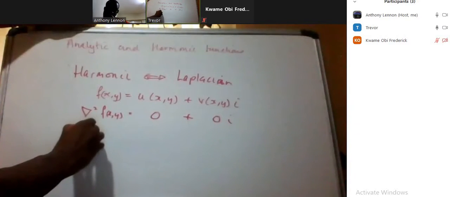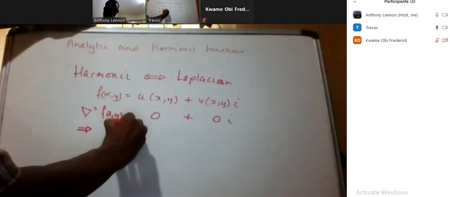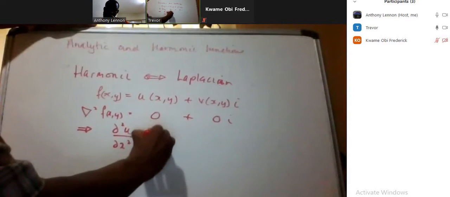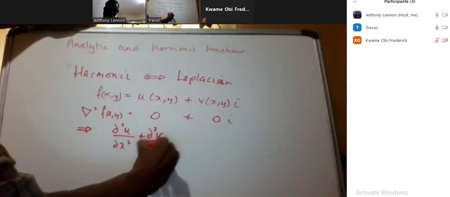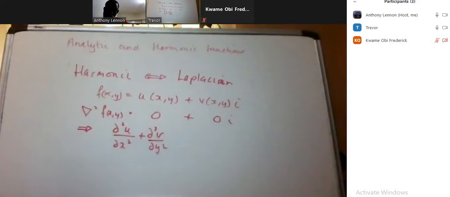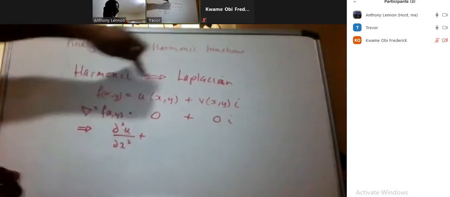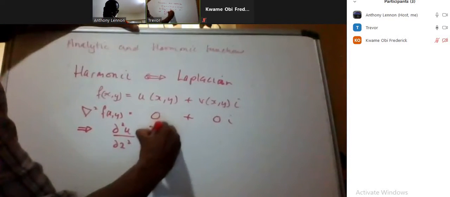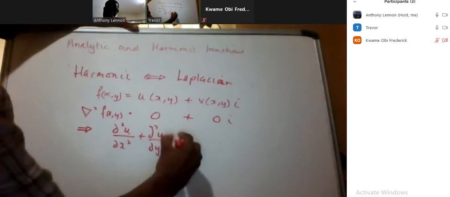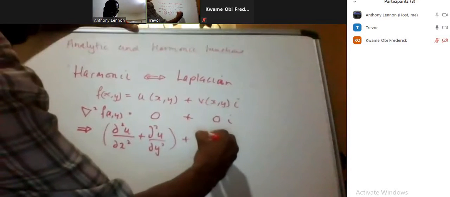This means that del squared u dx squared plus del squared v dy squared. No, I keep writing it wrong. It's not that. It's this guy is equal to 0, plus this guy is equal to 0.